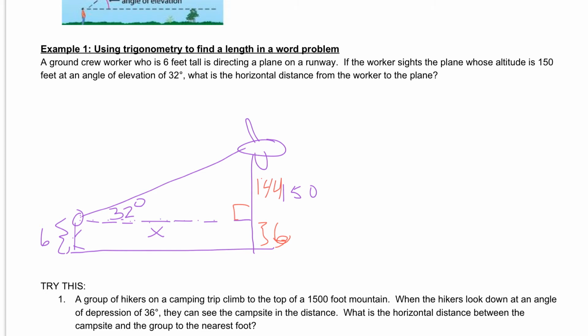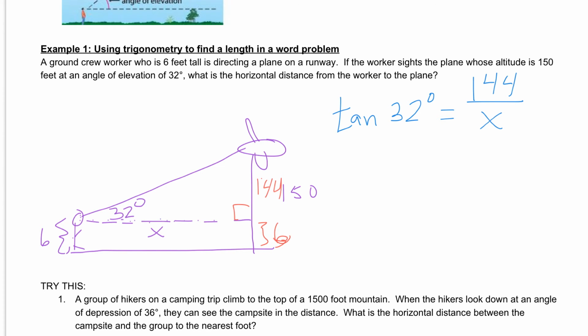So with that, we have an angle of 32 degrees here. We have the opposite and we have the adjacent. So opposite and adjacent is the tangent. So we can set it up that the tangent of 32 degrees is equal to 144, which is the opposite, over the adjacent, which is x, that distance we're trying to find.